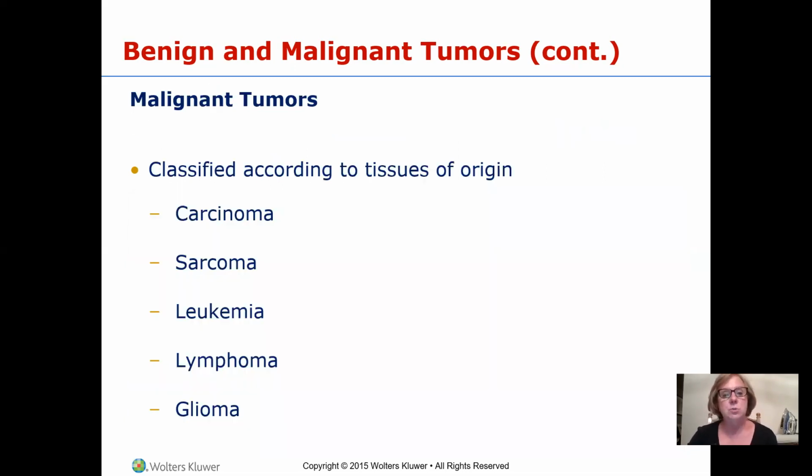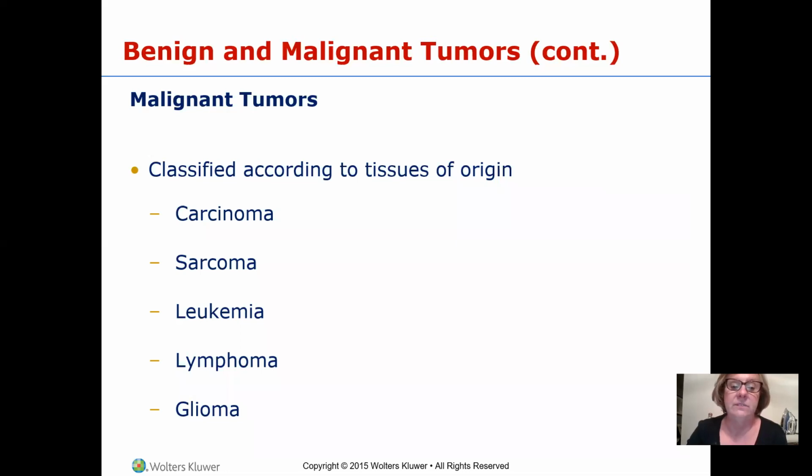So malignant tumors are classified according to the tissue. A carcinoma is of the epithelium, and then the sarcoma is of connective tissue. Leukemia is of white blood cells.